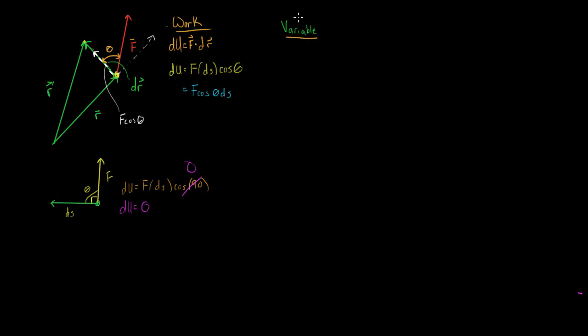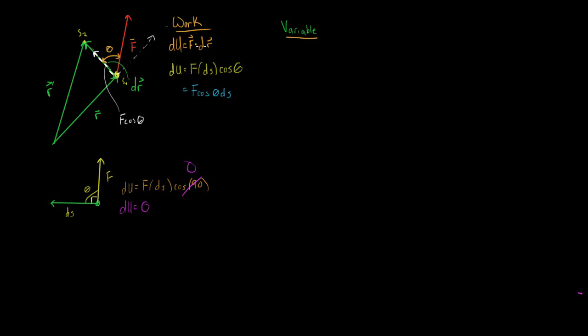If we know that the particle goes along some finite displacement, and we'll just call this position right here S2, and this position right here S1, so it goes from S1 to S2, we can integrate our expression for work.